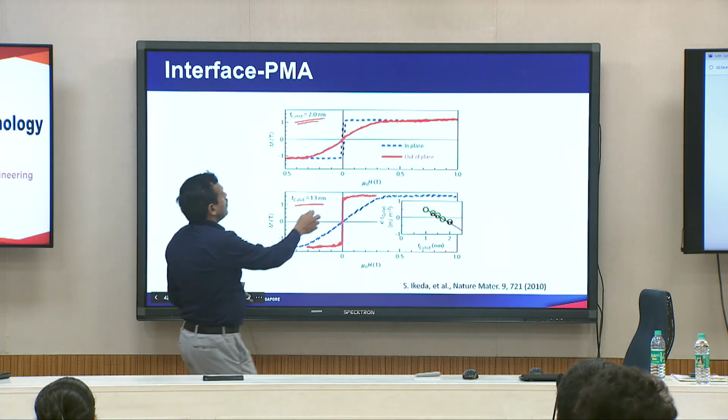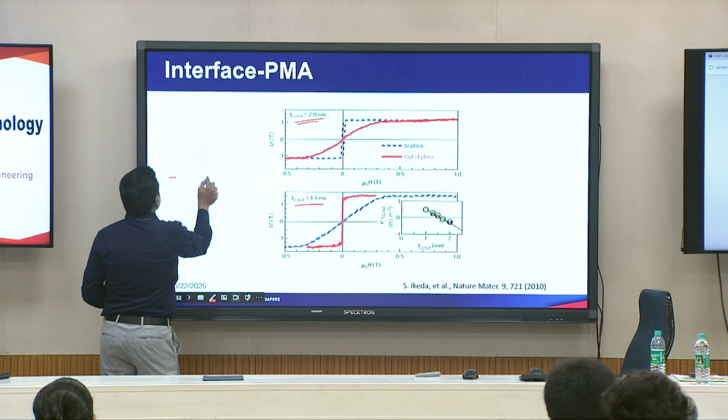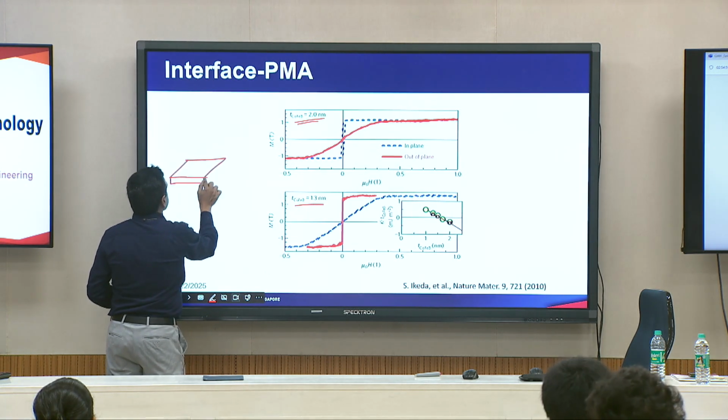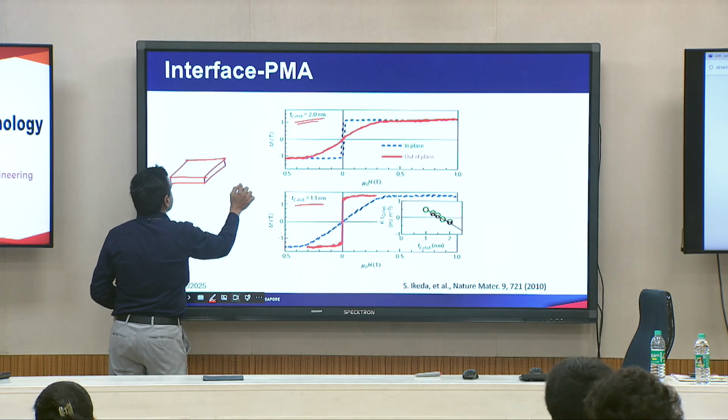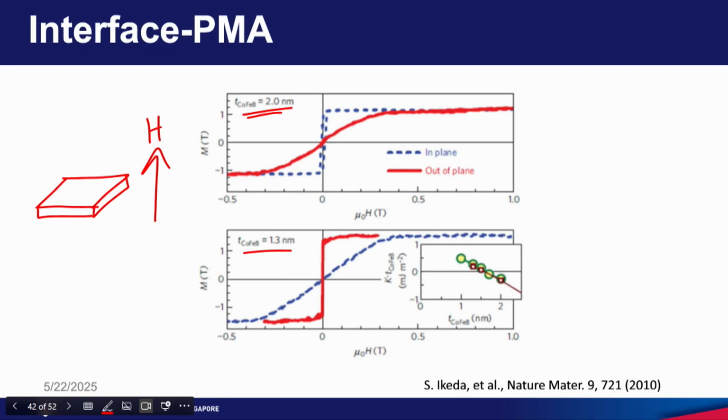Red means the magnetization is, let's say this is your sample. They apply magnetic field either in the perpendicular direction or in the plane direction, and they measure two hysteresis loops.